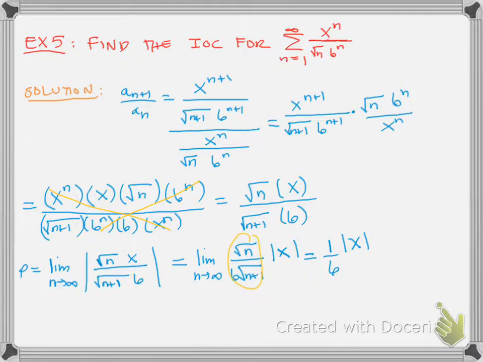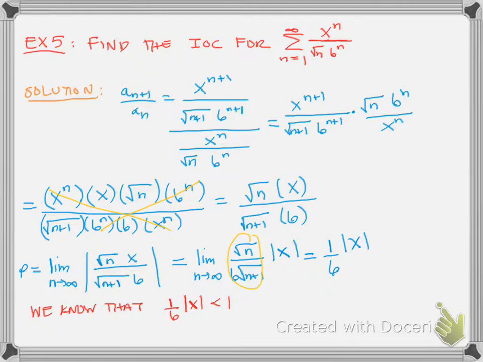And now we know that 1/6 times the absolute value of x will converge absolutely when that is less than 1, right? We know that by the definition of our ratio test, and how we set it up. Okay.